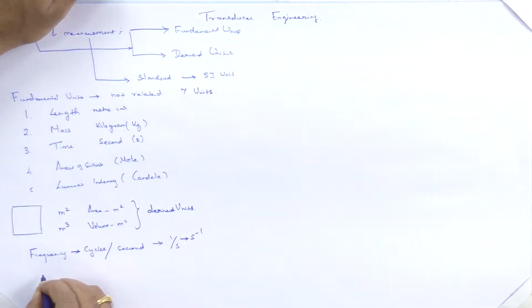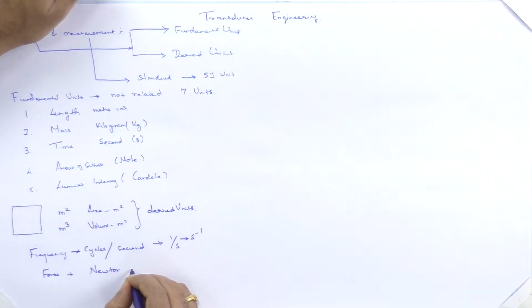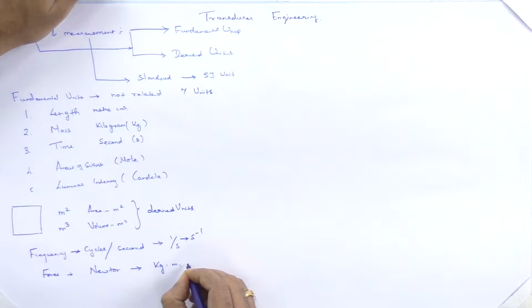Then comes force. What is force? We have the unit named Newton, that is kilogram meter per second square. It is the amount of force that is put up over a length in second squared.